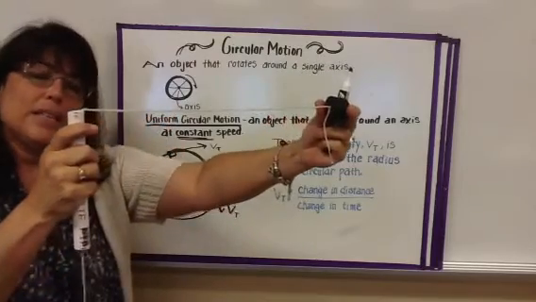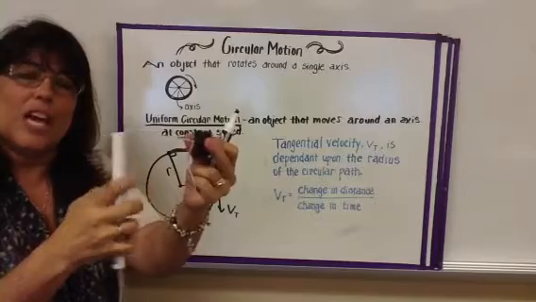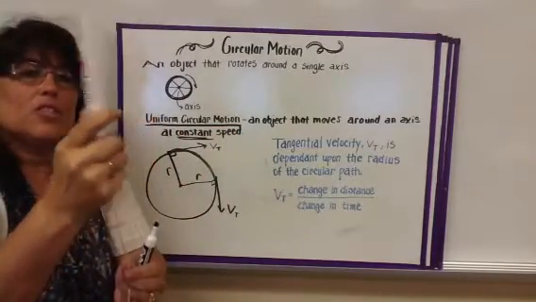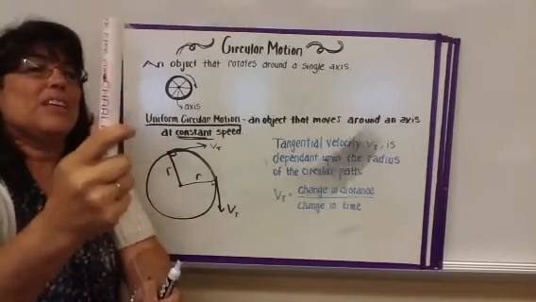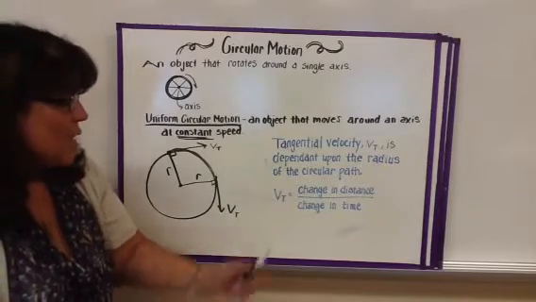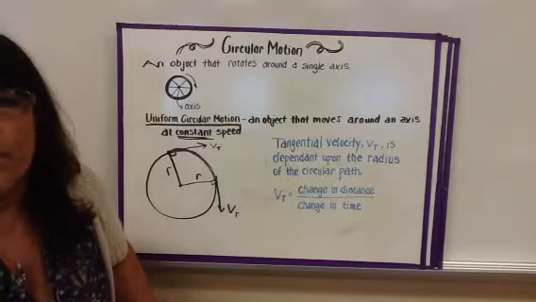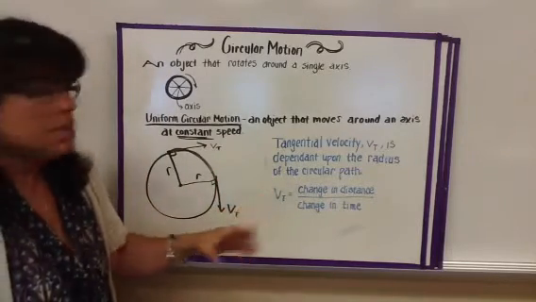If that radius increased or decreased, that is what changed the velocity. So this is our tangential velocity. If I increased it, I have to spin it faster to keep it going. And so you can see that the radius of the circular path is what's going to be important to keep that velocity, that tangential velocity, constant.